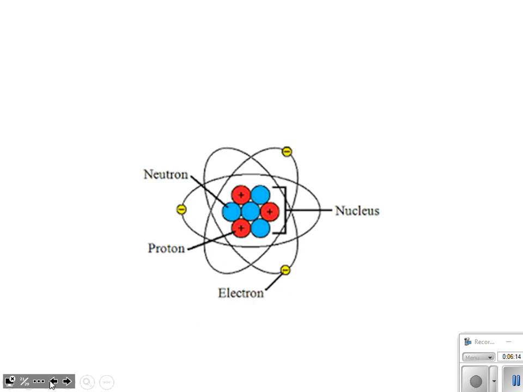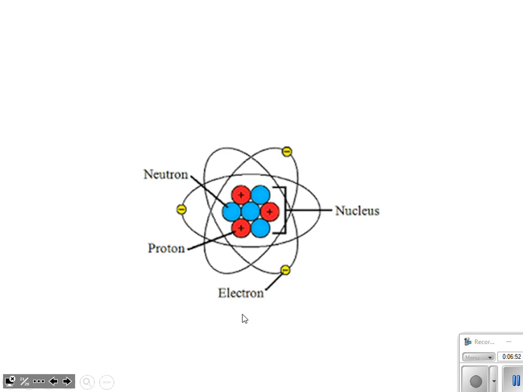Look on your periodic table. Find where the atomic number is located. The blue number, where is it located? Top left. What element has 3 protons? Lithium. So this diagram up here is lithium.